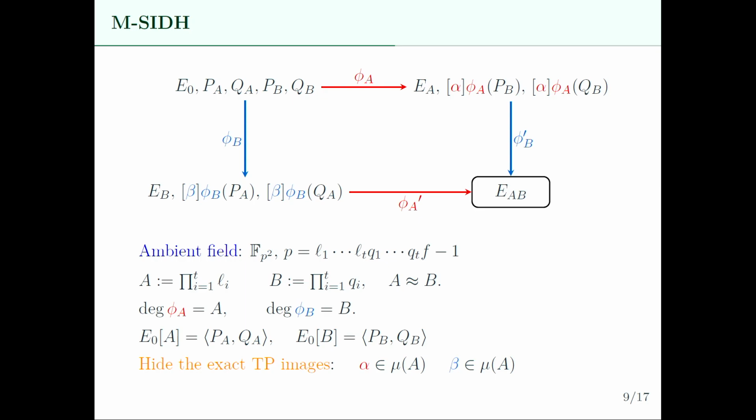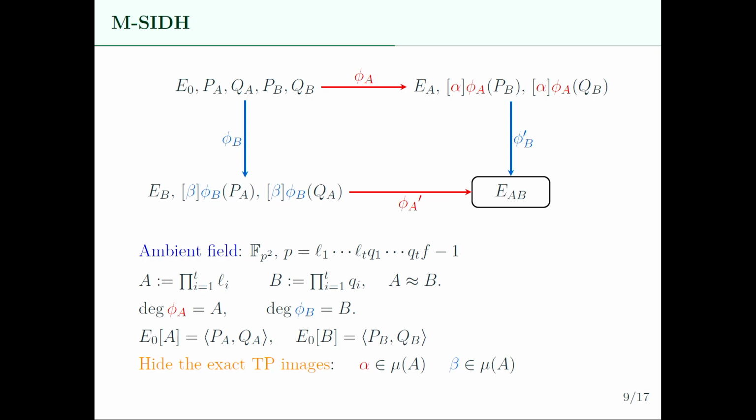So hiding only the torsion point information means you only scale the torsion points. And as I said before, you can still use pairings to recover the scalar. So what you do is you take the scalars to be a square root of unity, such that if you use pairings, you wouldn't get any information about the scalar.